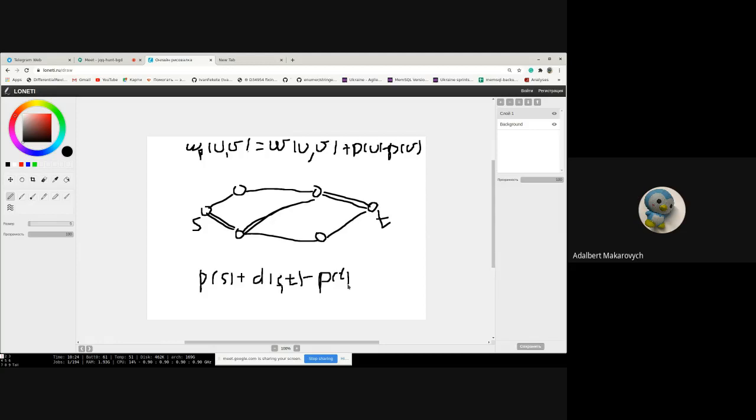Here we have something like induction. Assume that all our edges are not lower than 0. In this case this sum is exactly 0, because the potential of the source is 0, as the distance from source to source is 0, and the potential of the sink is the distance from source to sink.